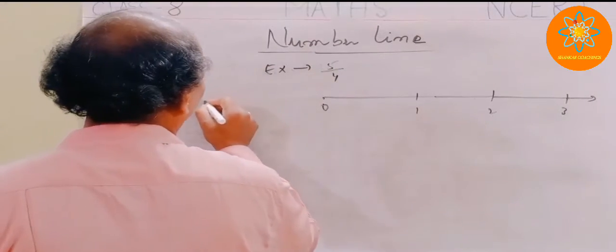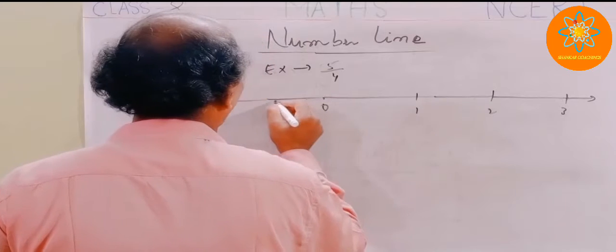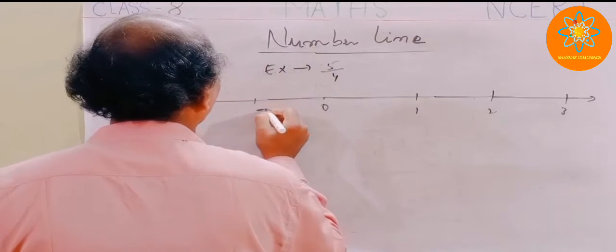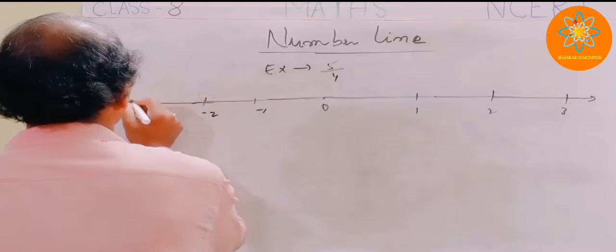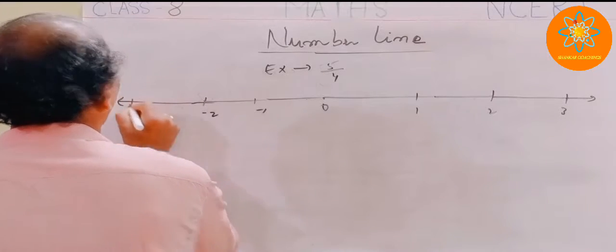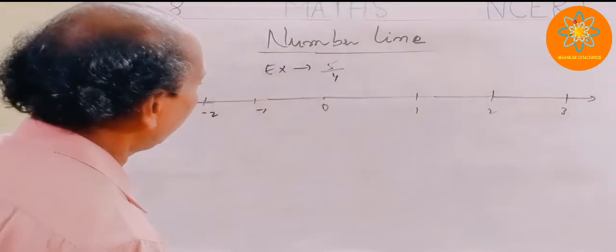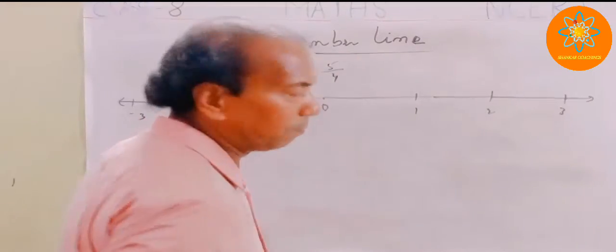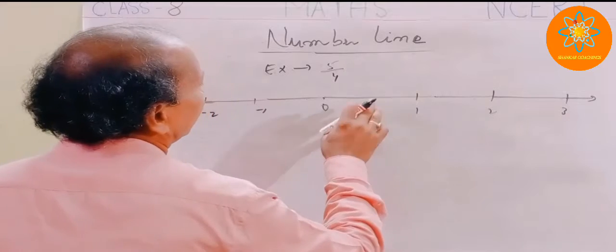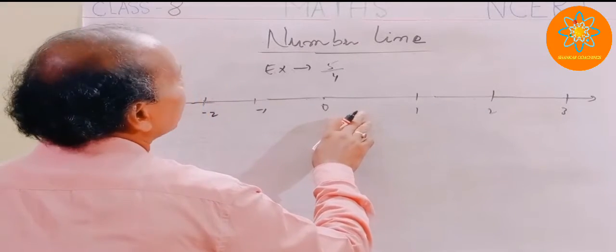Then we have -1, this is -2, this will be -3. Now I want to represent this 5 by 4 rational number on this number line.